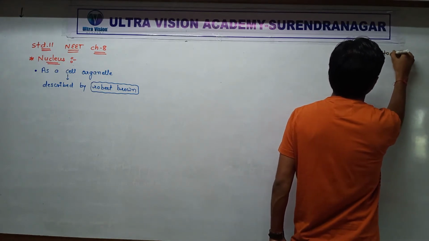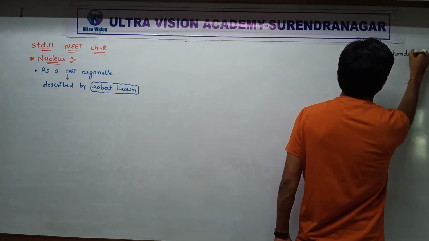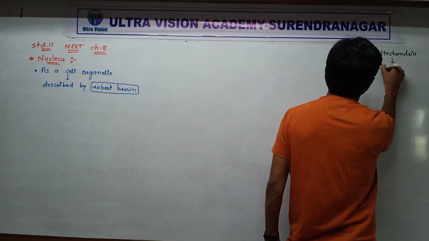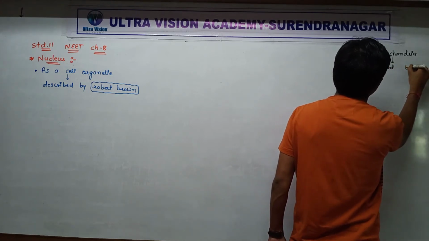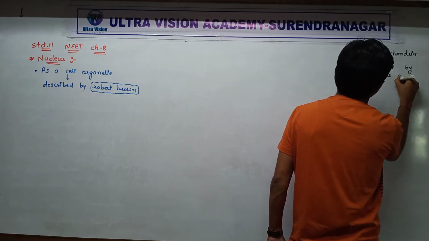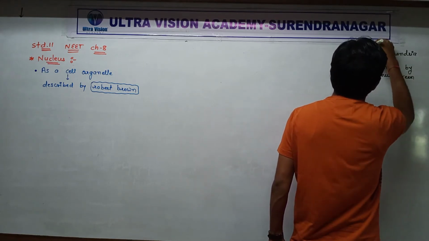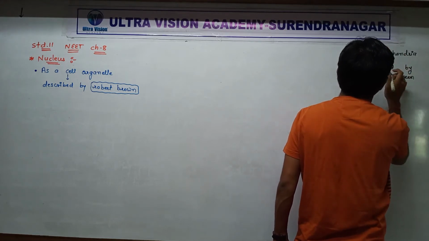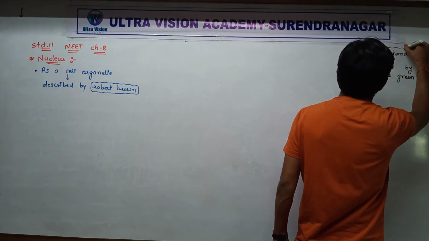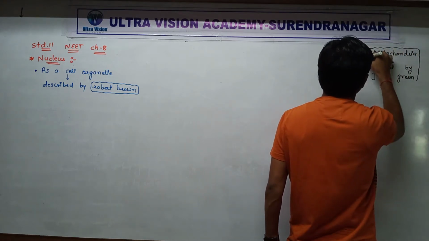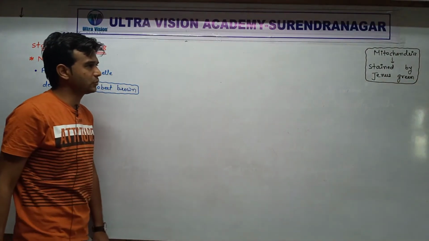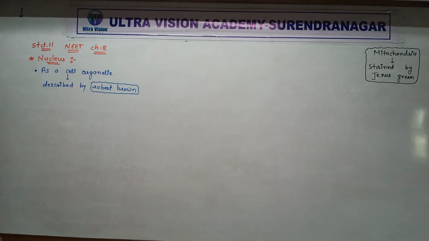Mitochondria is stained by Janus green. So to observe the mitochondria, we can stain it with Janus green.